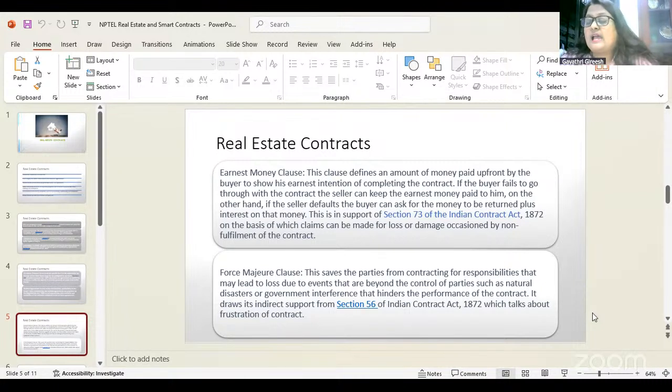So unless you are very much confirmed and convinced about these aspects, you will not get into a proper real estate contract. Otherwise, the enforceability of the real estate contracts, with the non-availability of these basic clauses, might pose a lot of complications or a lot of hindrance for you to become a purchaser or a prospective purchaser or a seller.